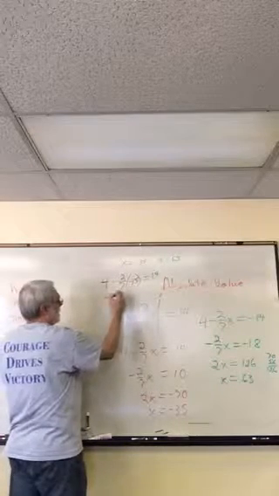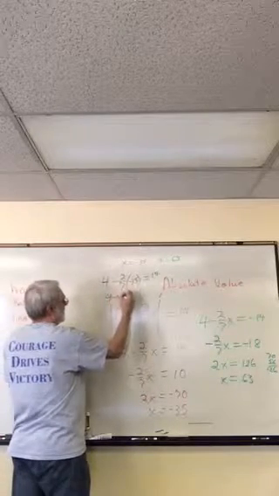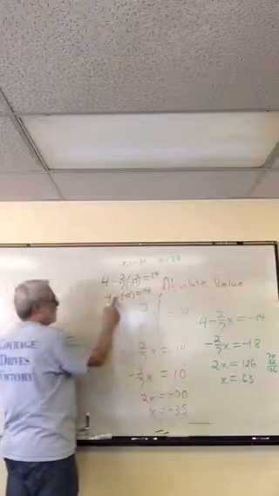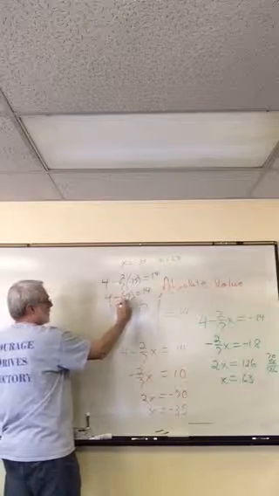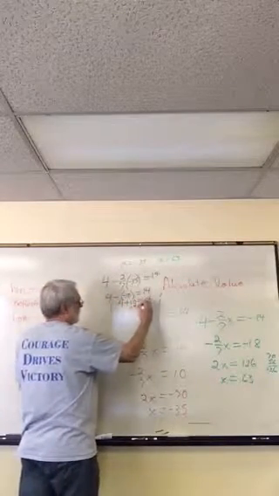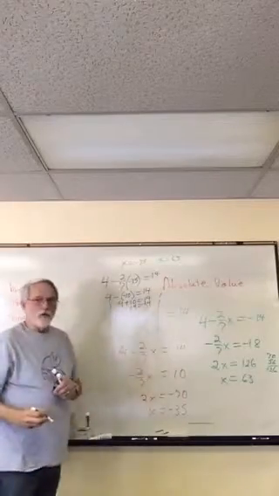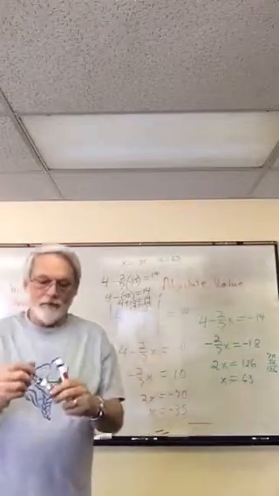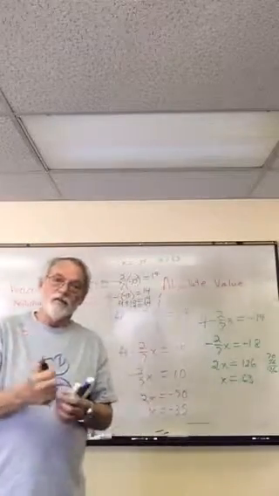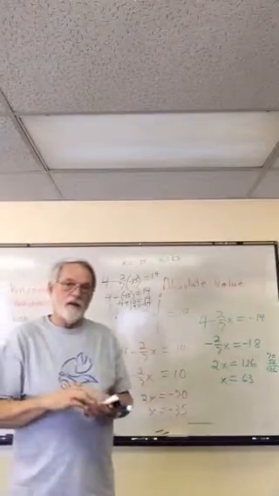This is 4 minus negative 10 equals 14. Well, 4 minus negative 10 is actually 4 plus 10. And of course, 14 equals 14. So absolute value problems, very important. You need to remember how to do them carefully.